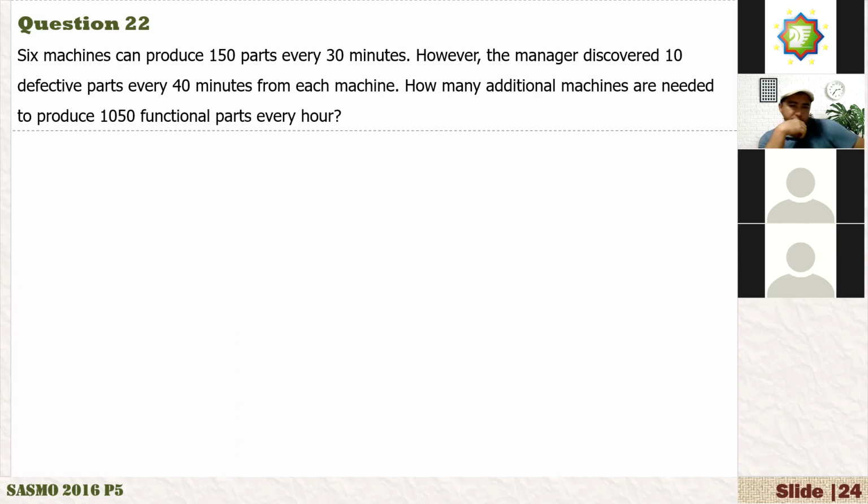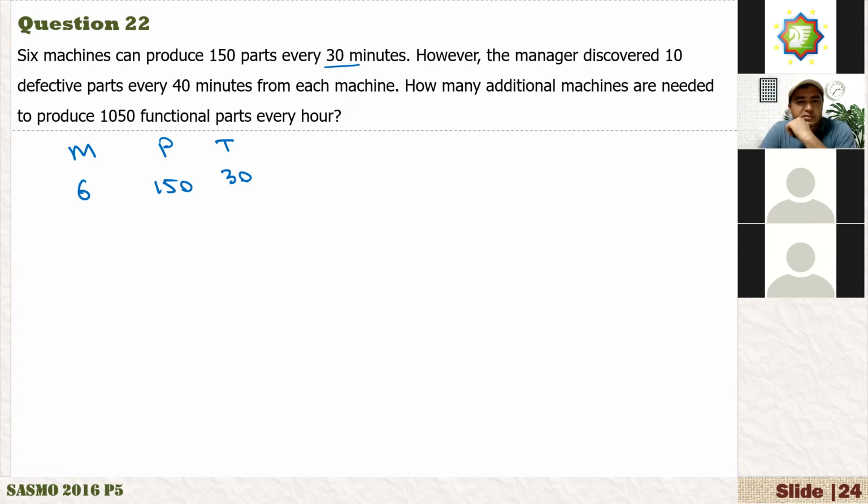6 machines can produce 150 parts every 30 minutes. Okay, let me just write here, we have machine and parts and the time in minutes. So 6 machines can produce 150 parts in 30 minutes. However, the manager discovered 10 defective parts every 40 minutes from each machine.